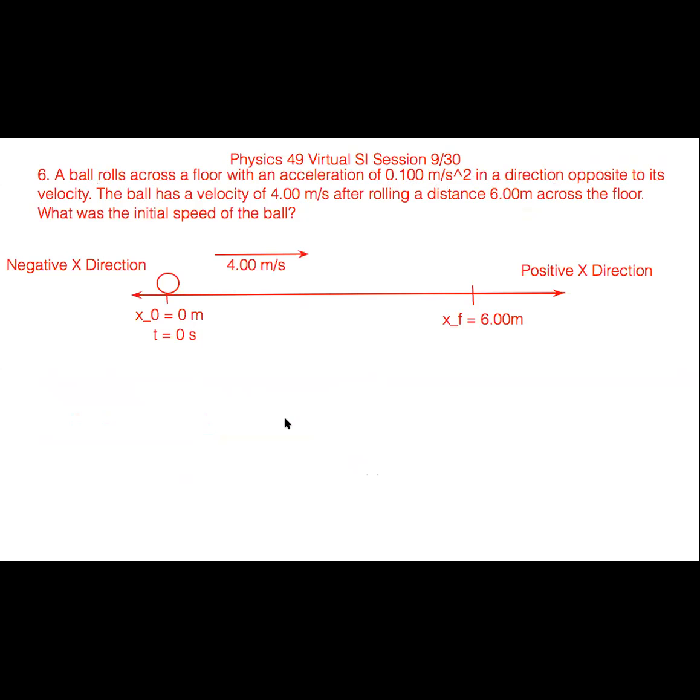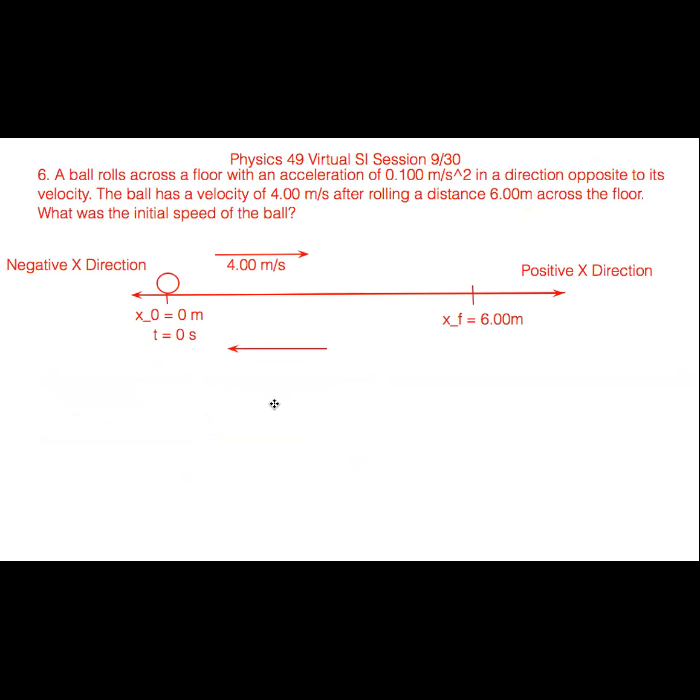All right, so here you defined velocity to be in the positive direction, and the problem is telling me that the acceleration is in the opposite direction of the velocity. So it looks like acceleration will be in the negative direction, which is pointing in opposition to the velocity. Yeah, that is correct.